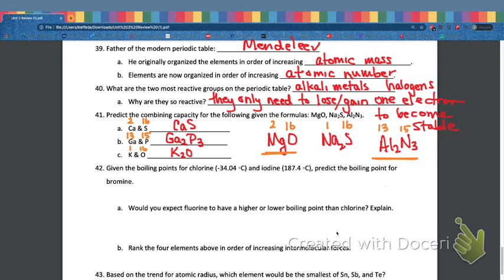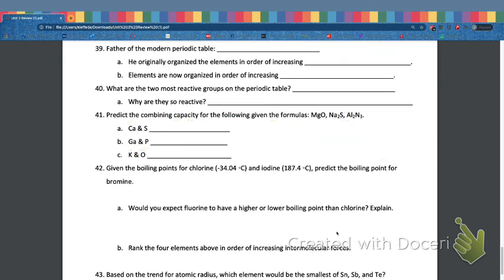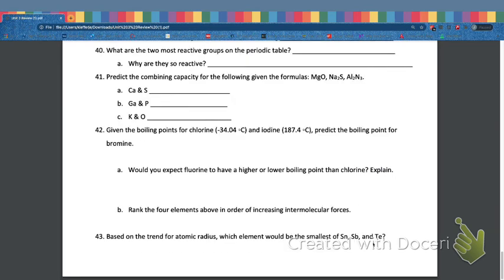And our last question here. So it says, given the boiling points for, that's the last one, isn't it? Okay. Given the boiling points for chlorine and iodine, predict the boiling point for bromine. So in our periodic table, the halogens go fluorine, chlorine, bromine, and iodine.